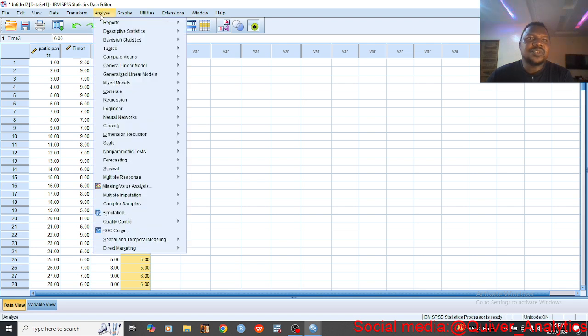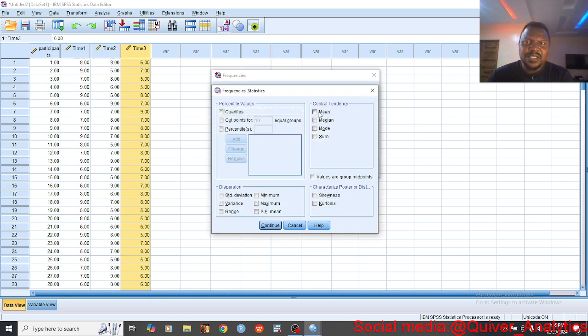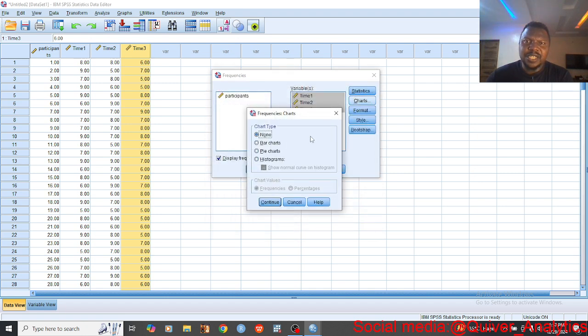So that is more reason we should do our descriptive analysis, frequencies, and we know the participants is just 1, 2. So in statistics, we need the mean, the median, the maximum, standard deviation, and the charts, the histogram.